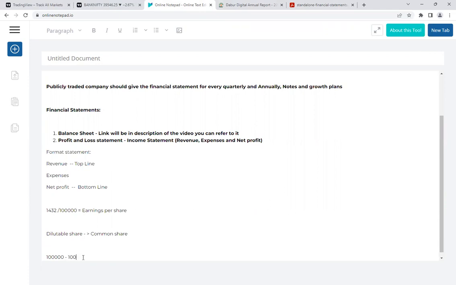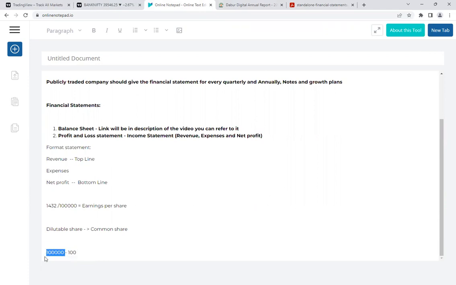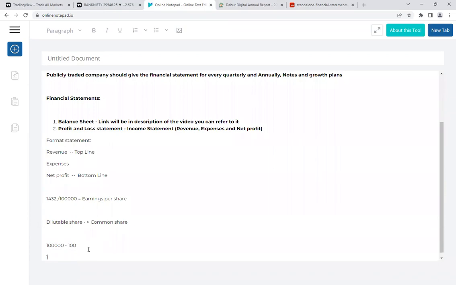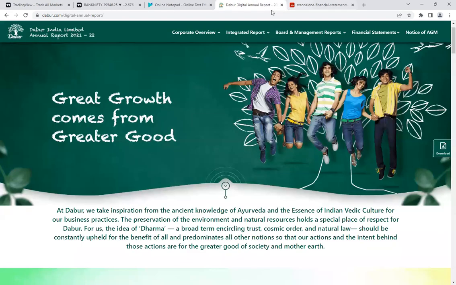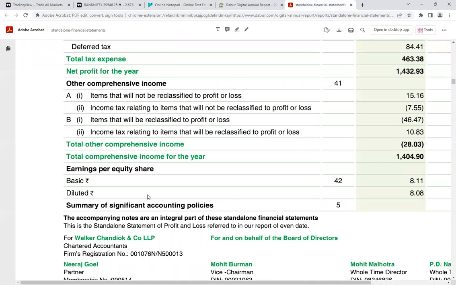If the diluted shareholders convert these shares to common shares, it will increase the outstanding shares to 1 lakh 100. Because of this increase in outstanding shares, the value will come down. That's the reason the diluted value will be somewhat lesser compared to basic.